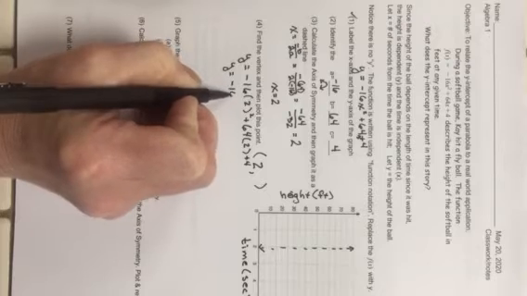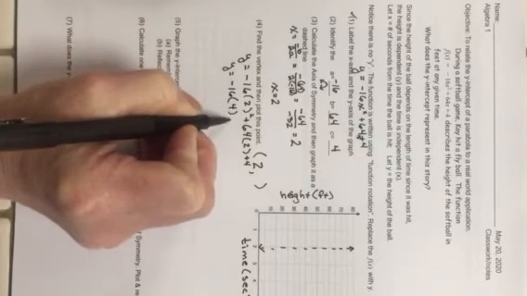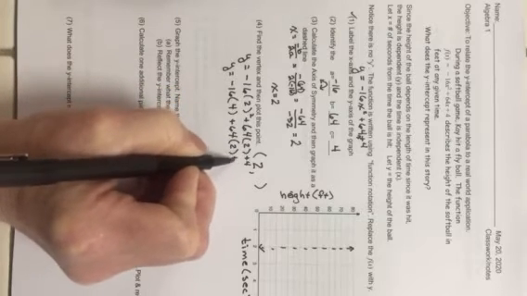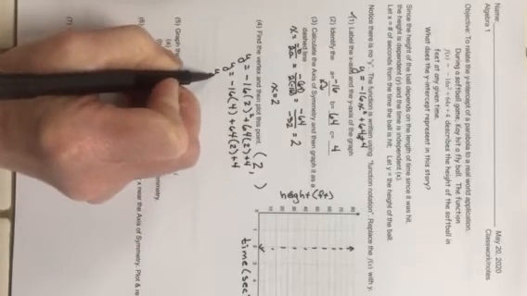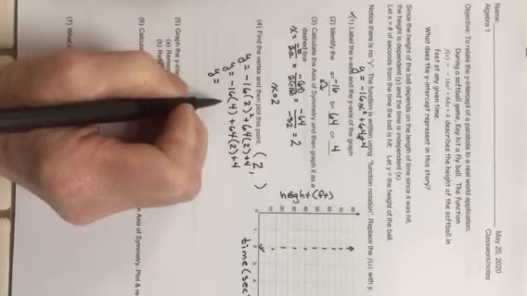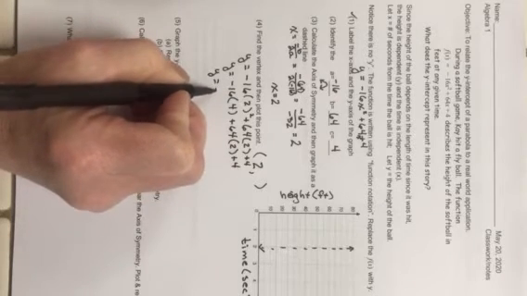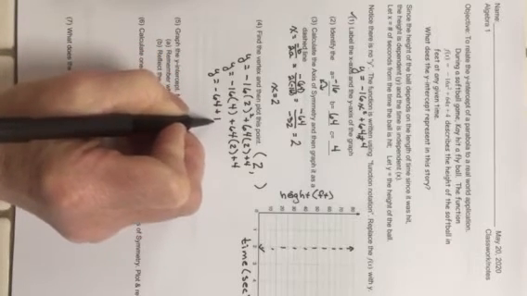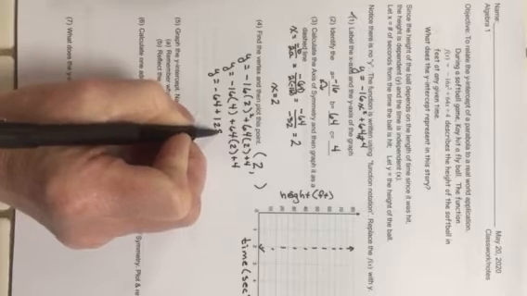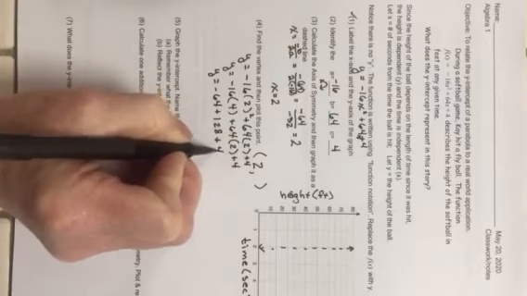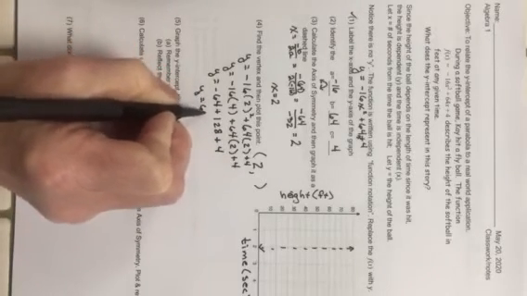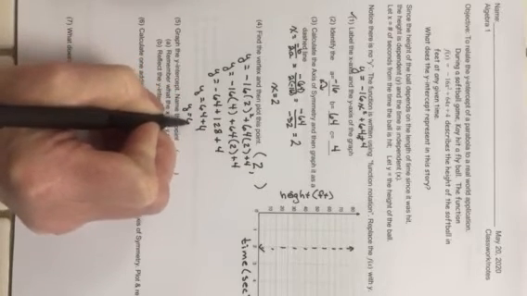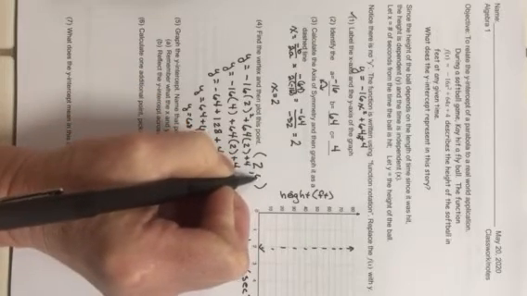So negative 16 times 2 squared, which is 4, plus 64 times 2, plus 4. y equals, let's see, negative 64 plus 128, plus 4. y equals 64 plus 4. And that makes y equal to 68 when x is equal to 2.